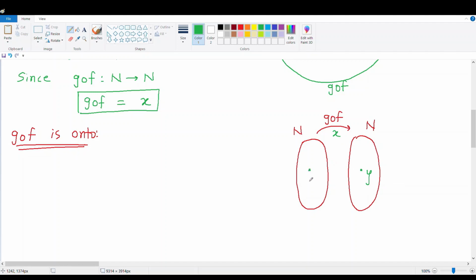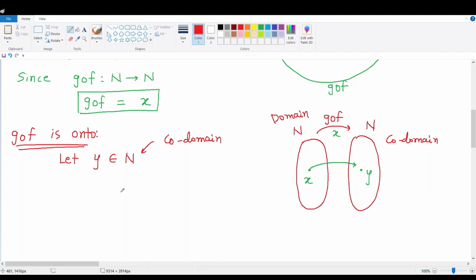So the pre-image of this y should be here, so that this x becomes y in this output. So we are going to just write: let y belong to n. In this case we are talking about this codomain. This is our domain. So we are taking one element from this codomain and we are trying to see whether we will be able to find a pre-image in this domain.